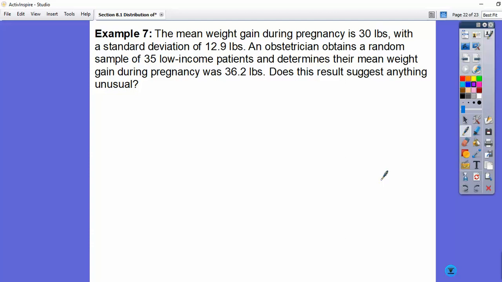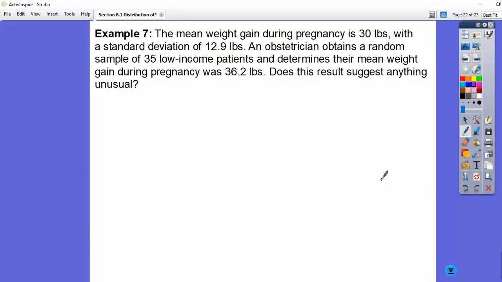The mean weight gain during pregnancy is 30 pounds with a standard deviation of 12.9 pounds. An obstetrician obtains a random sample of 35 low-income patients and determines their mean weight gain during pregnancy was 36.2 pounds. Does this result suggest anything unusual? So to decide if this is unusual or not, we need to find the probability.